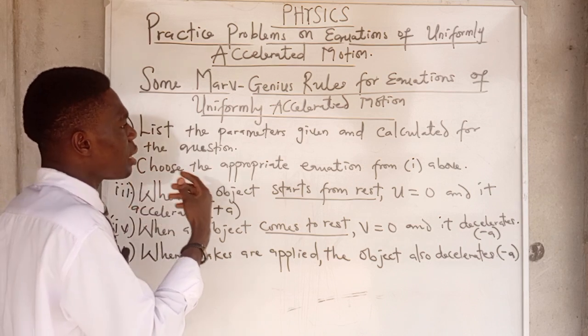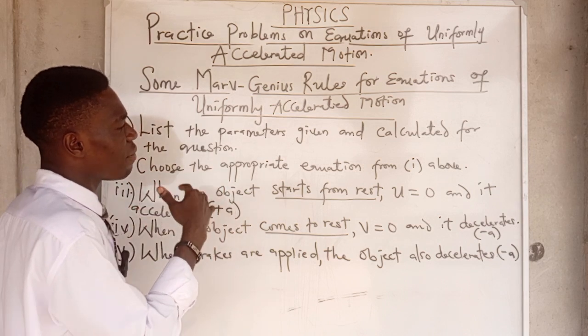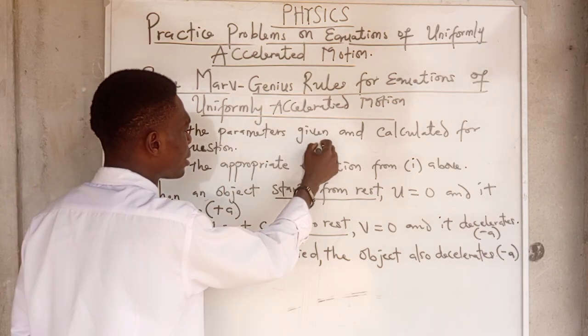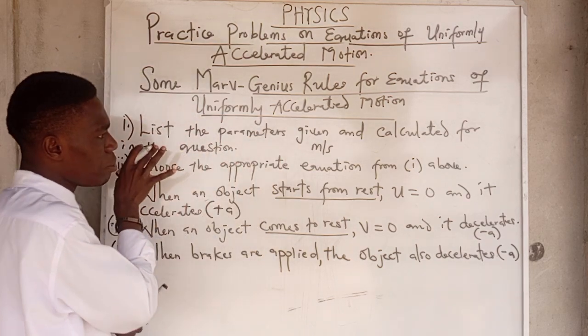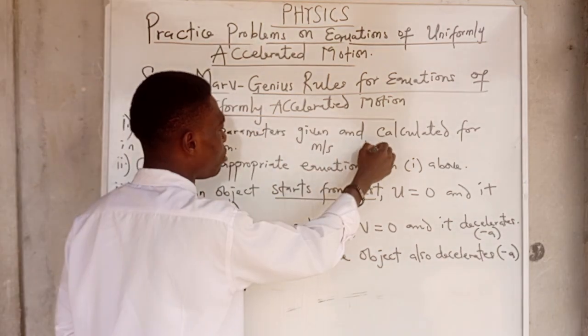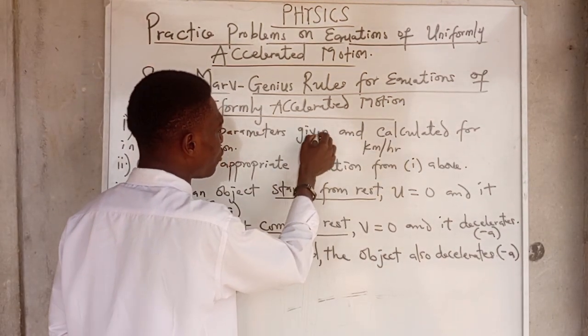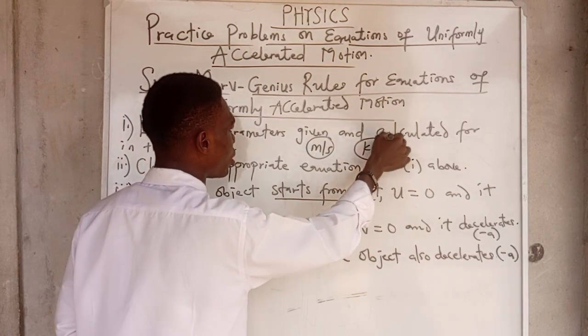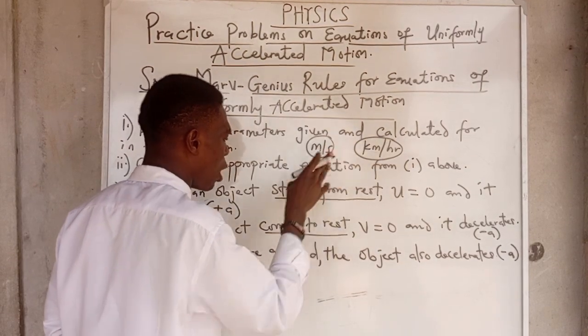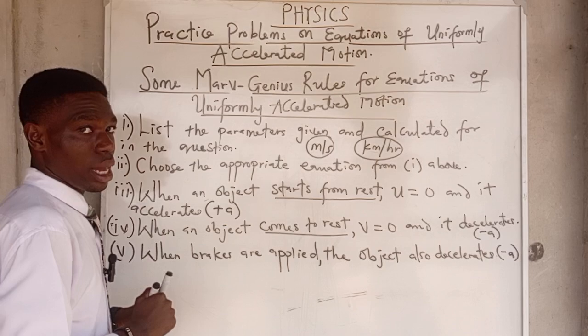For instance, if we're talking about velocity, and you're given velocity in meters per second for maybe v, and they're now also giving in kilometers per hour, you have to convert to make sure that there is a common unit for a particular quantity. Take note of that. Are we together now?